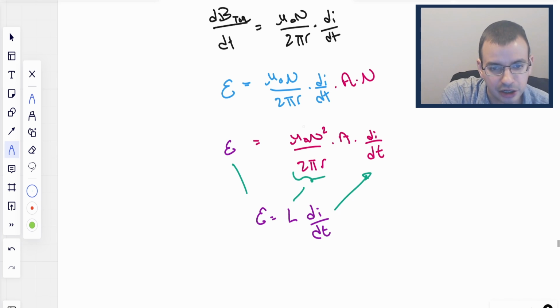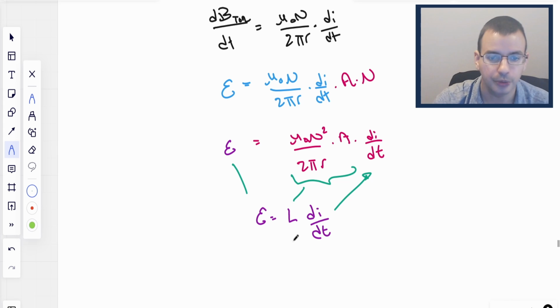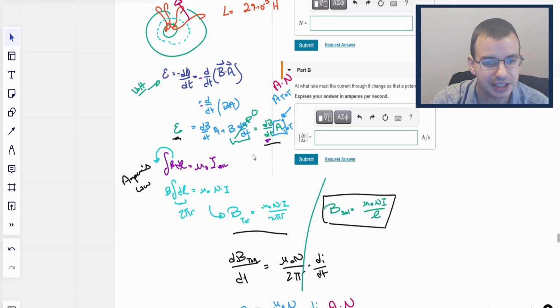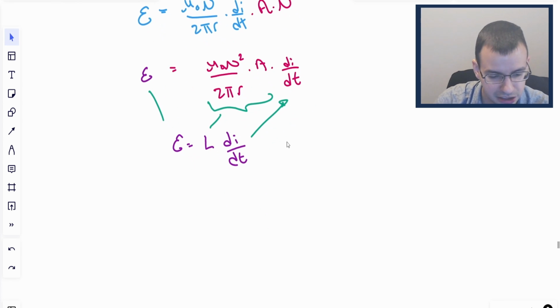And then right here, that's going to be the self-inductance of a toroid. So that's where we got our definition. All right. Now we have everything we need. Do they give us a change in current with respect to time? No, they don't. But they do give us an inductance. All right. So we're going to take this sidebar.